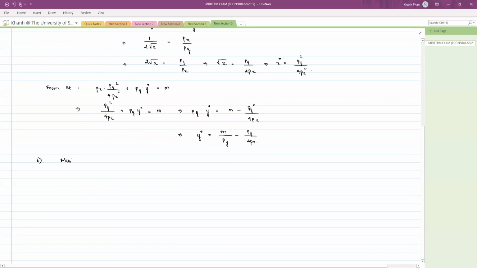So our problem is to minimize the expenditure, which is px times x plus py times y, by finding the Hicksian demand for goods x and y, subject to the constraint that we want to achieve a certain level of utility. So subject to the constraint that the utility, which is x to the power half plus y, has to be equal to u0.